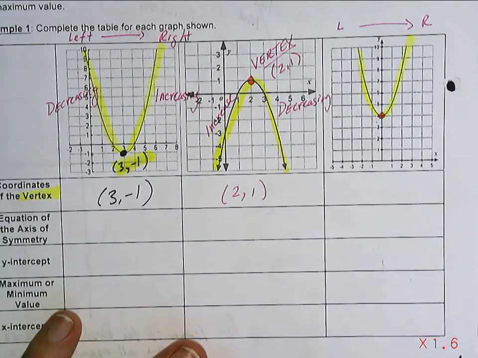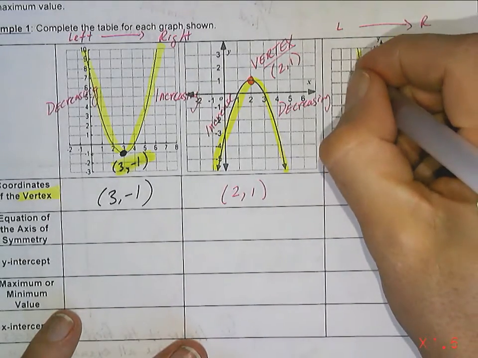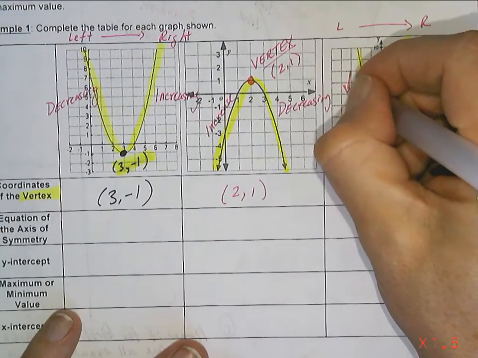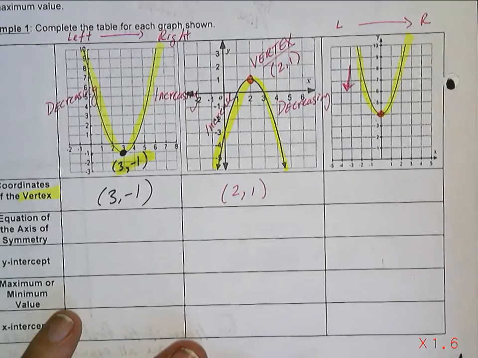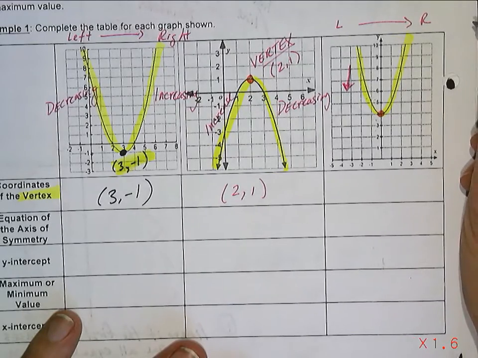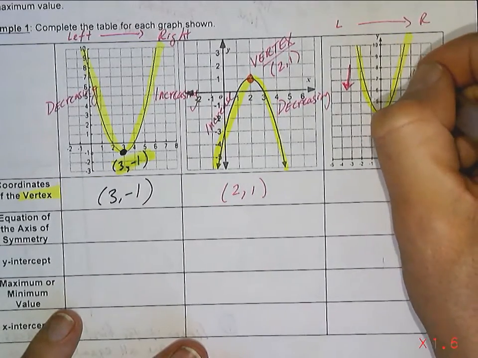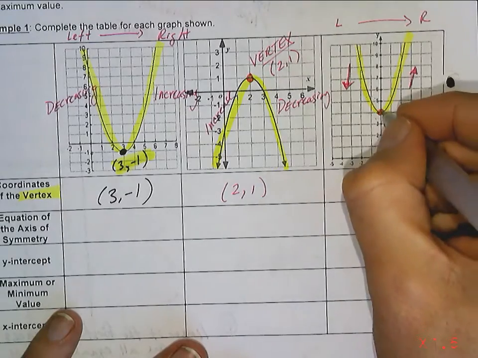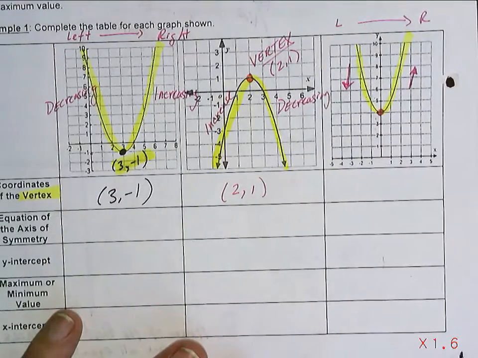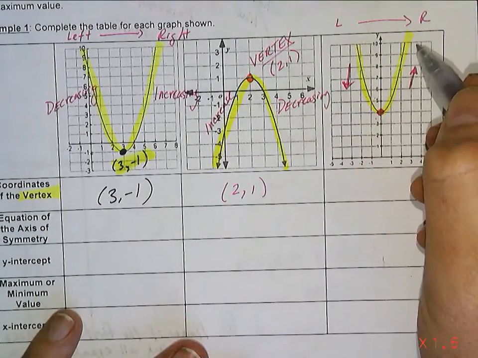Now, here's a short form for the word decreasing. An arrow going straight down, decreasing. Fair enough? And over here, an arrow going up, increasing. Fair enough? This point is where it changes from decreasing to increasing. It's where it changes direction.